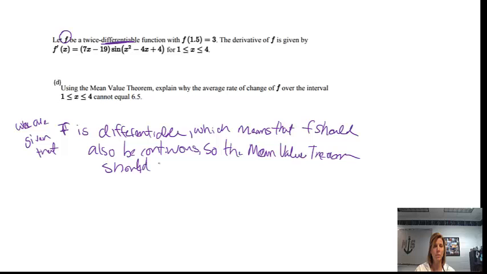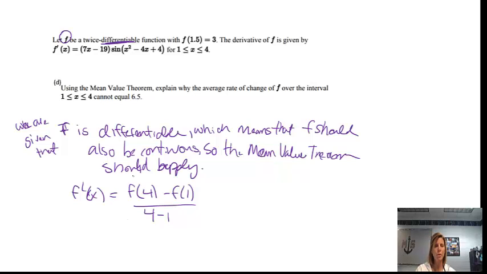Okay, but remember our third part of the mean value theorem is that somewhere the derivative is equal to the average rate of change, which would be f of 4 minus f of 1 over 4 minus 1. I'm just using the slope formula on that one. So somewhere the derivative equals the slope.